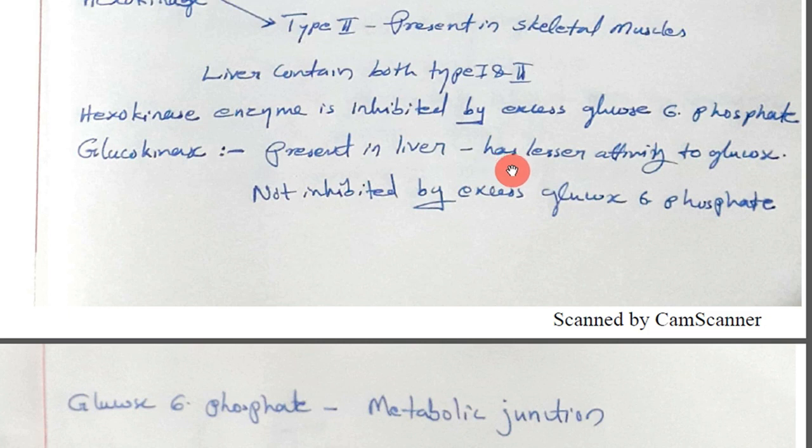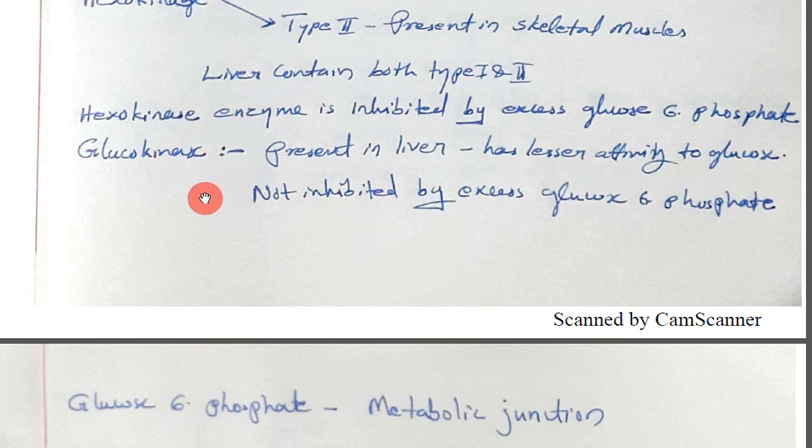The rate of the reaction of phosphorylating glucose into glucose 6-phosphate will be lesser when compared with that of hexokinase. And also the glucokinase is not inhibited by excess glucose 6-phosphate. Even in the presence of excess glucose 6-phosphate, the glucokinase will continue its reaction.